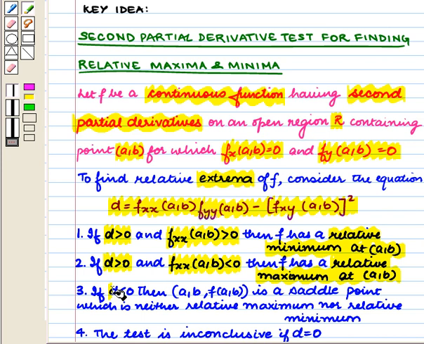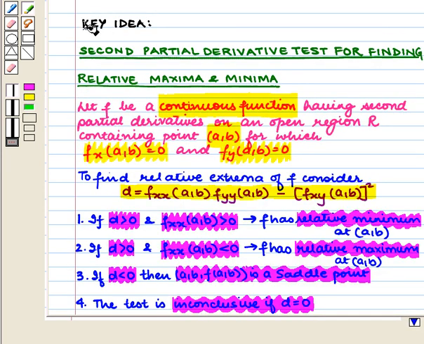But if D is less than 0, then f at AB is a saddle point, which is neither relative maximum nor relative minimum, and the test is inconclusive if D is equal to 0. With this key idea, let us proceed with the solution.